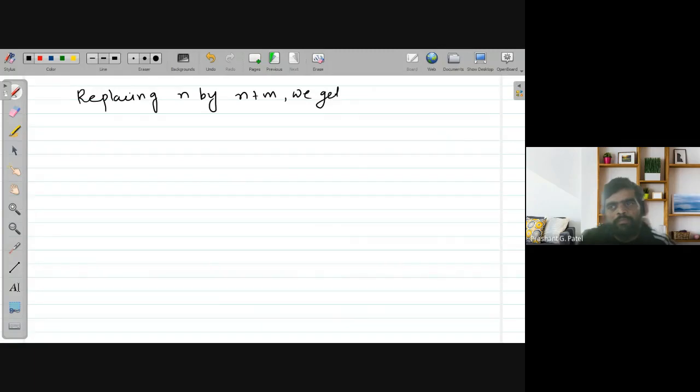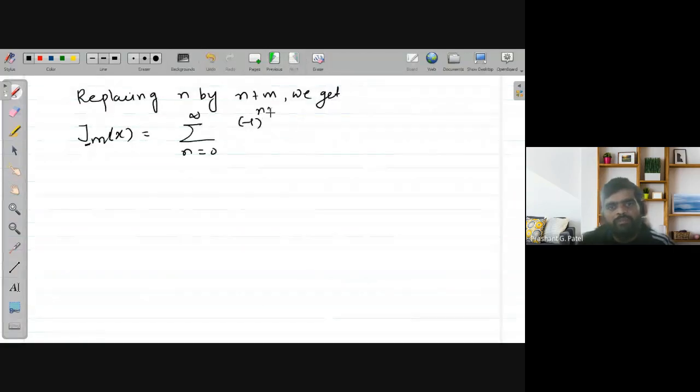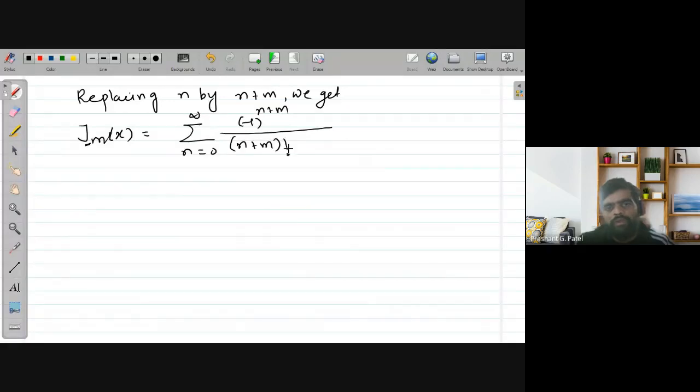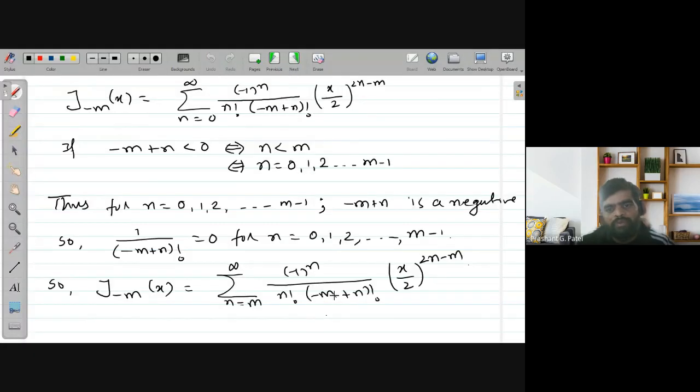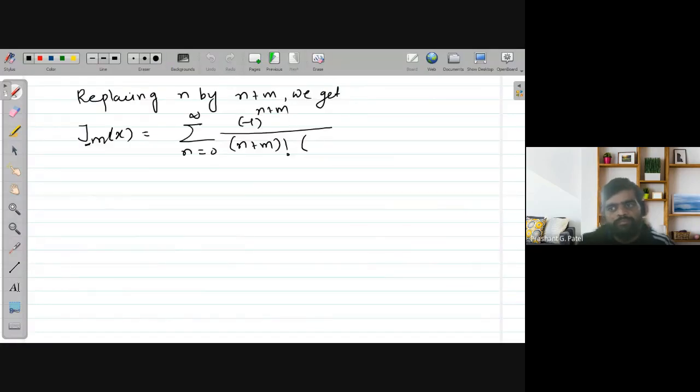J_{-m}(x) will be summation n running from 0 to infinity, where instead of n we replace n plus m. So it is (-1)^(n+m) upon (n plus m) factorial, because it is m plus n factorial, into (minus m plus n plus m) factorial, (x by 2) power 2(m plus n) minus m.